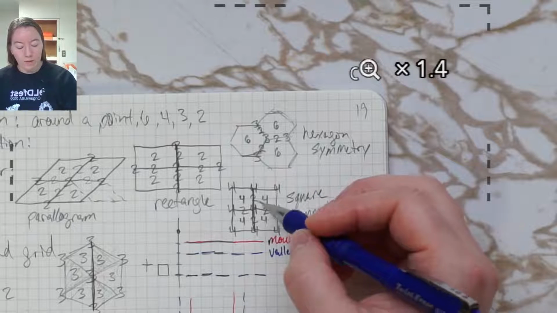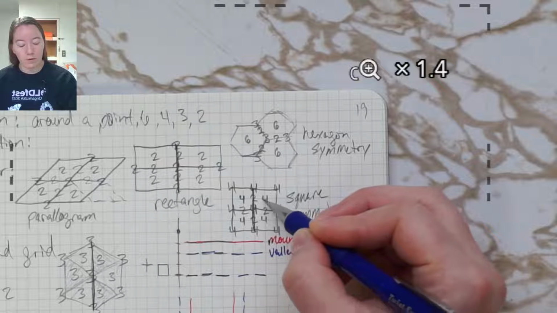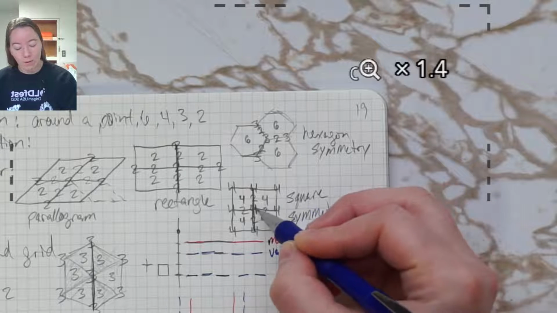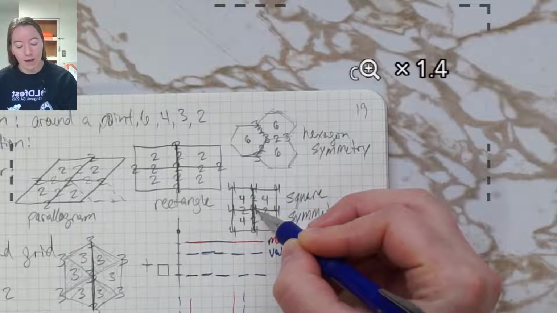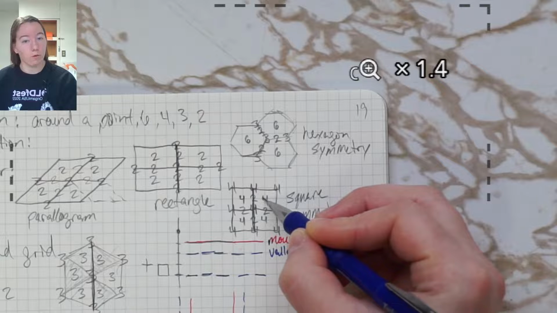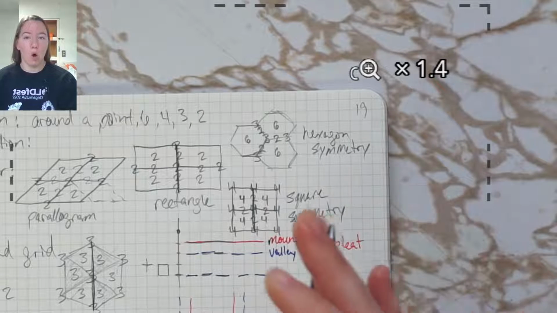Likewise, with these square symmetries, we've got our two different positions of fourfold rotational symmetry, and if you draw a line from one fourfold position through a twofold to the other fourfold position, that is going to make a right angle. Always.